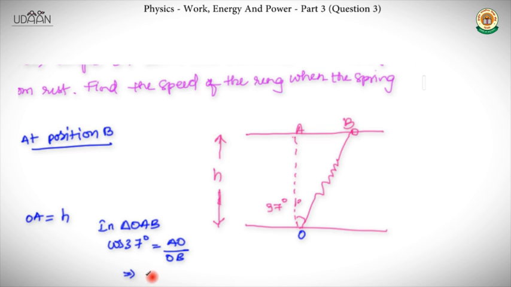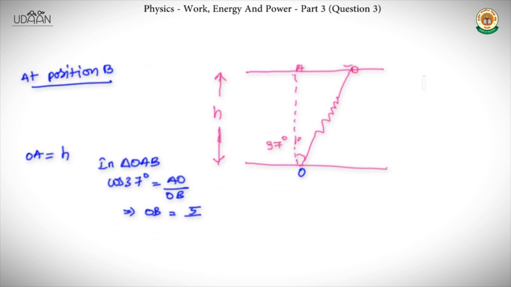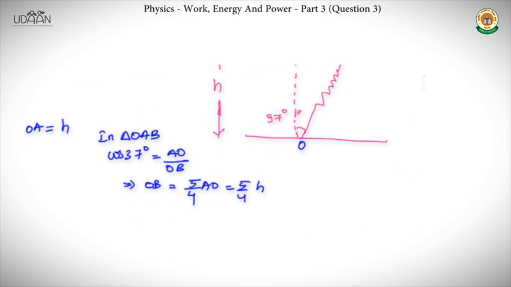That is, OB is equal to 5 by 4 AO, that is equal to 5 by 4 h. So the elongation in the present situation is 5 by 4 h minus h, that is equal to h by 4.